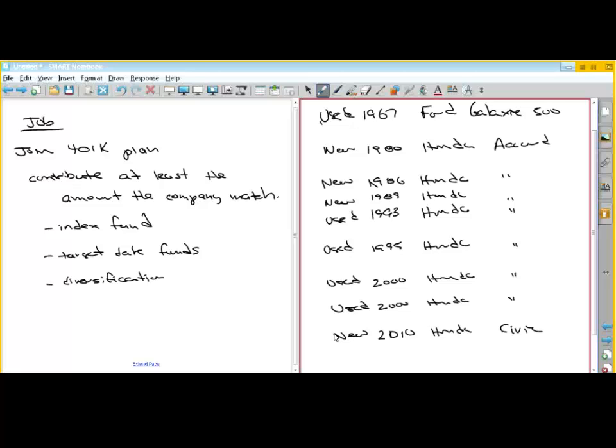And so here's the story, the car history. Here's my Carfax. My dad gave me the '67 Galaxy 500. It was kind of funny. I was just joking about Carfax. These are my cars. This is the car history.